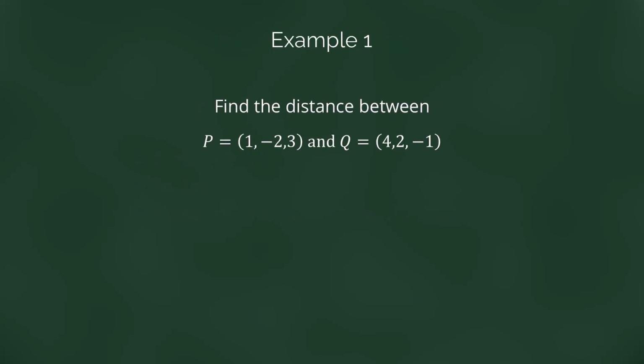All right, we'll use some of these ideas now to do a couple of examples. So first, we're going to find the distance between the point P equals (1, negative 2, 3) and the point Q equals (4, 2, negative 1). So the formula tells us that we just take the square root and then we subtract the first x minus the second x and square that. Then we take the difference of the y coordinates and square that. And last, we take the difference of the z coordinates and square that.